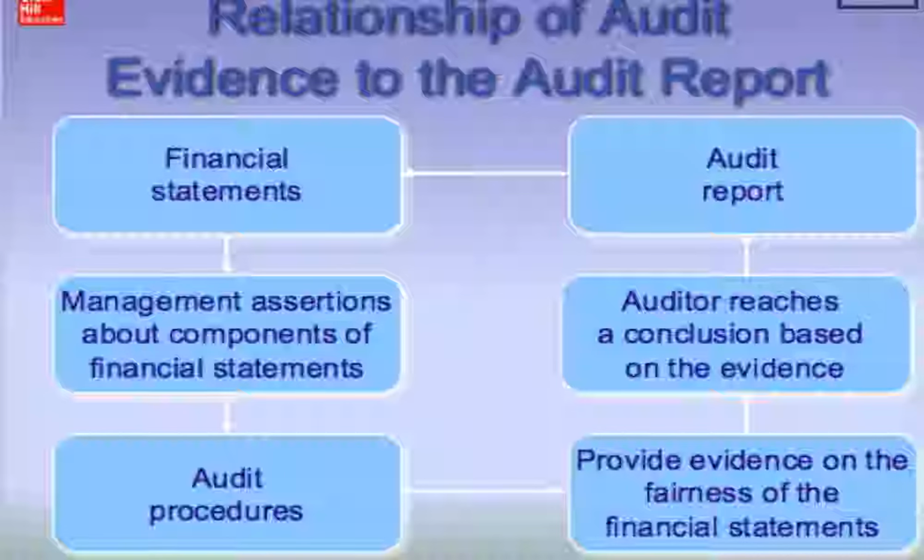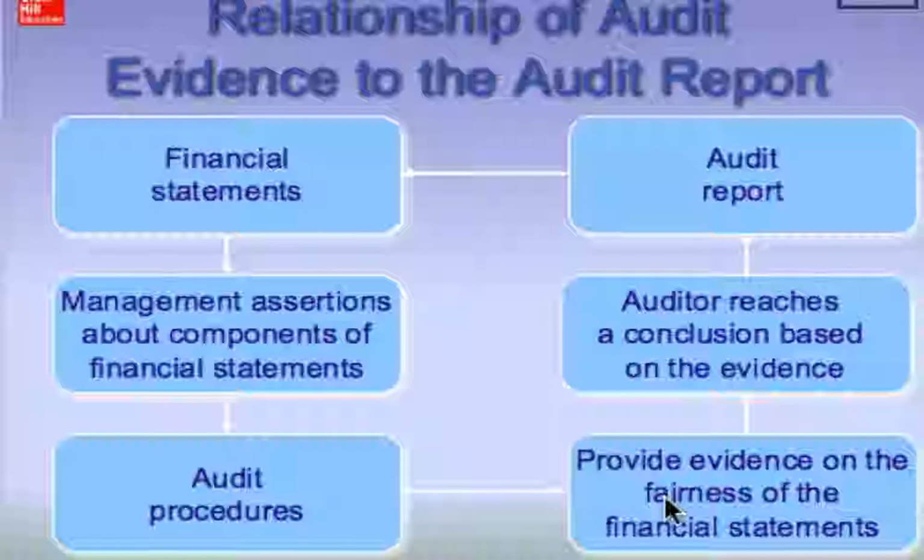So this is a flowchart of the cycle which describes the relationship of audit evidence to the audit report. It flows just like you see in the slide. There are financial statements about which management makes assertions.